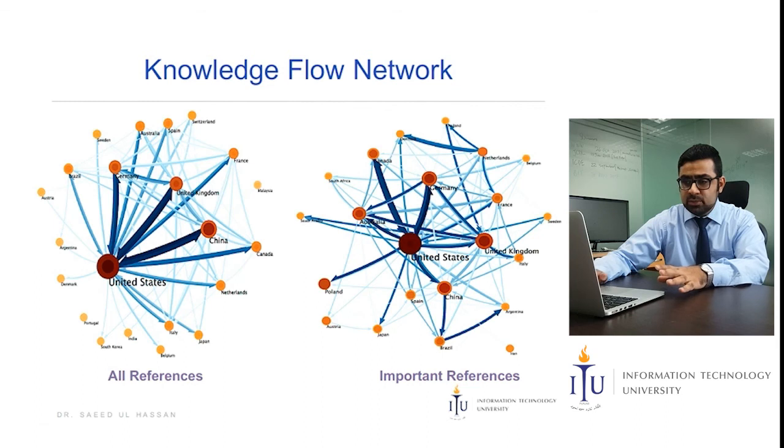And I will just put these two graphs next to each other here, and then we can clearly see on your left hand side when all references were being used, and on your right hand side when only important references were chosen to draw this network.